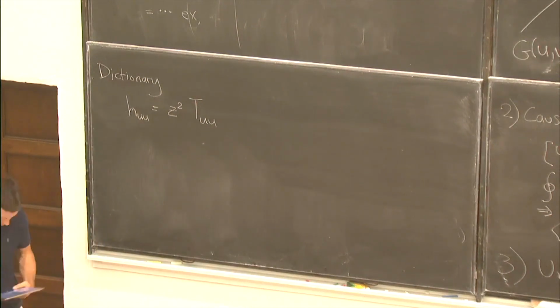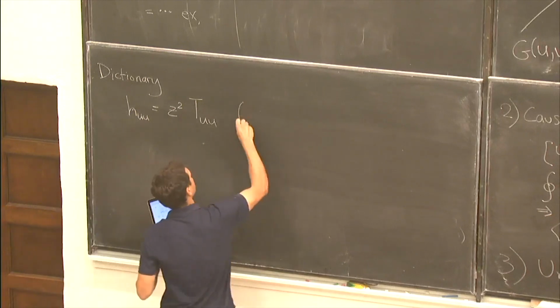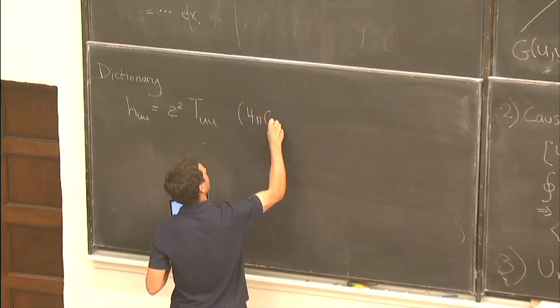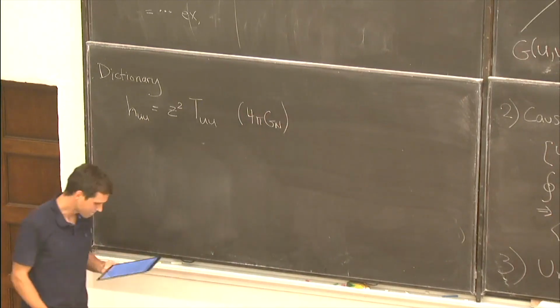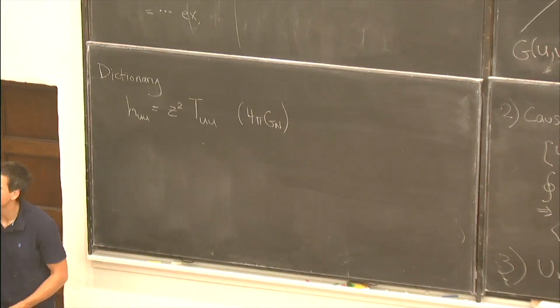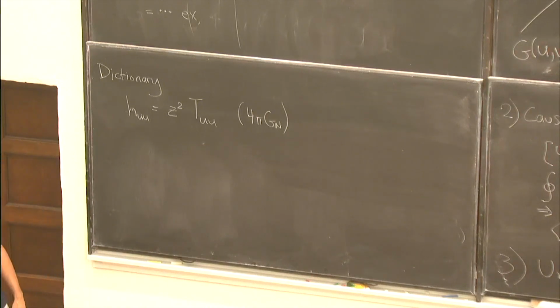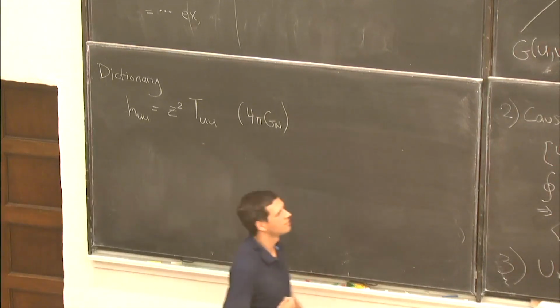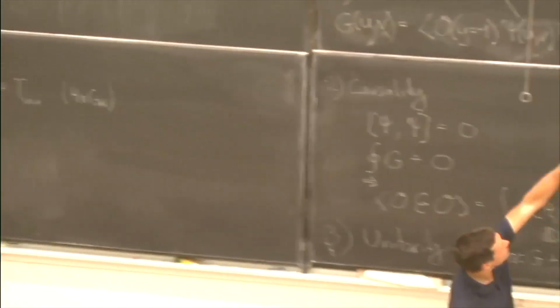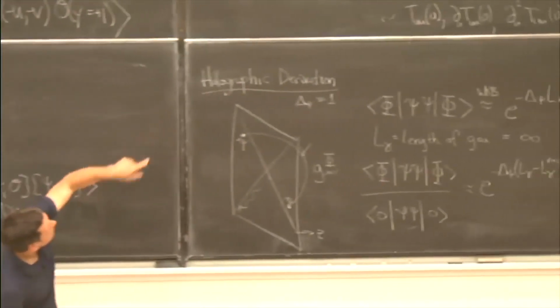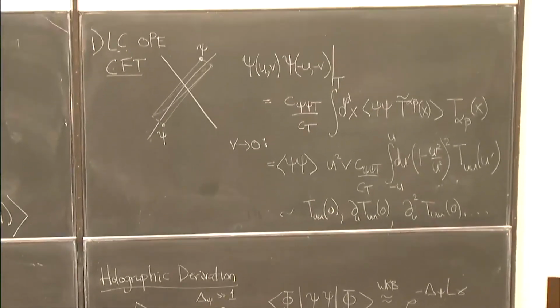There's a coefficient here, which is 4 pi G Newton. Do you see at any point that you're always working in 4 dimensions? Oh, yeah, I don't know if I said it. I'm working in 4 dimensions. Right when I went from D to this formula, I set the dimension to 4.